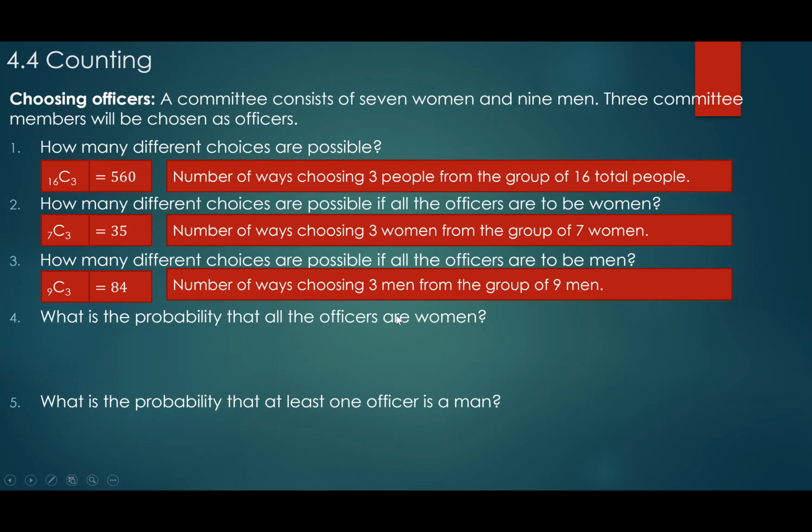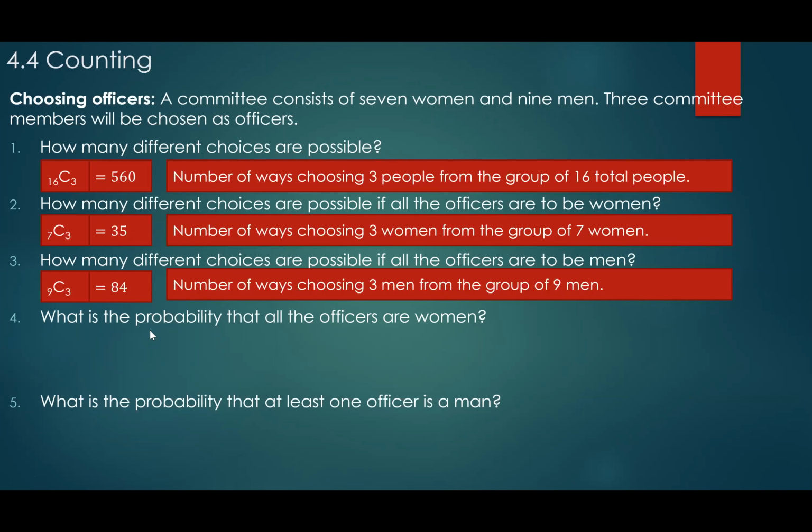Now, in order for you to do number 4 and number 5, and sometimes on your Connect Math, I'm not sure if there's a problem in Connect Math where they just go straight in and ask you to find the probability without asking you to find number 1, number 2, or number 3.